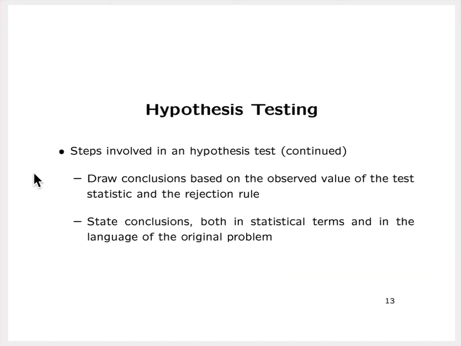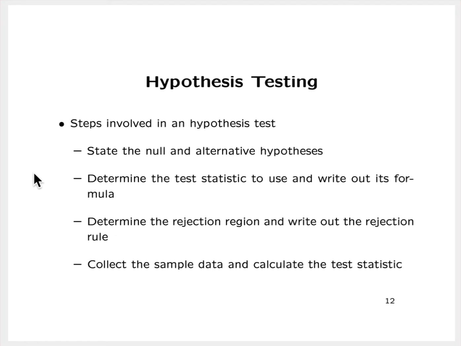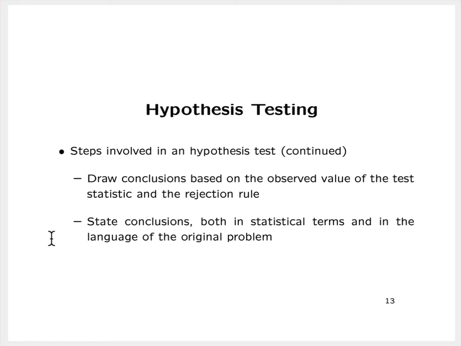Then we evaluate the test statistic by looking at the rejection criteria to see if the rejection criteria have been met. Okay, so we draw conclusions based on the observed value of the test statistic and the rejection rule that was determined in step 3. And then finally, we state our conclusions both in statistical terms and in the language of the original problem when there is a context to the problem.